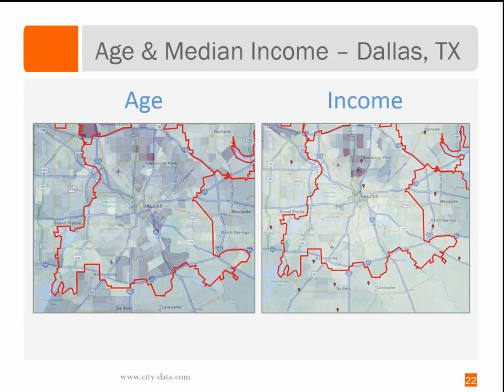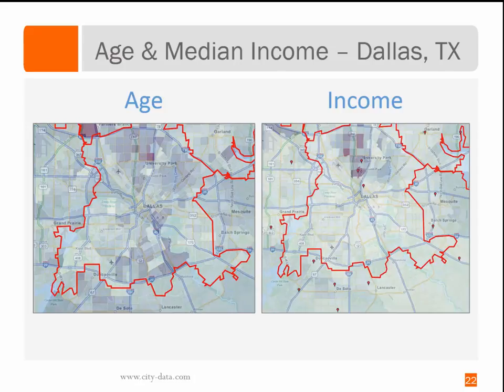And then we have two different data sets encoded here. The first one on the left, we've encoded age. So basically the population based on different areas of the city, different neighborhoods in the city. And the way that the encoding works is basically on a shading from very light to dark purple.